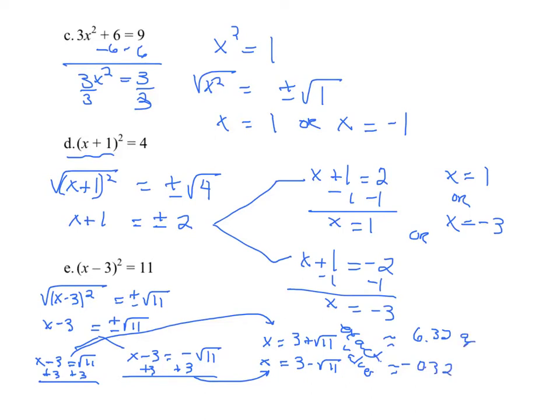So these are approximate. So when you leave the square root in the problem, it's exact. In other words, if the square root doesn't simplify and you leave it in the problem, it's exact. When you use your calculator to approximate those square roots, then it's approximate.